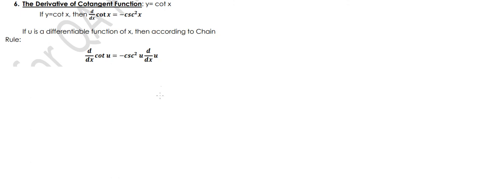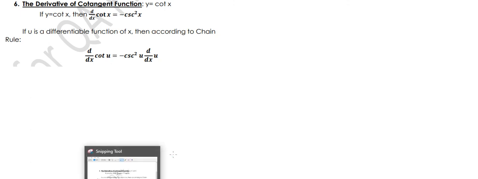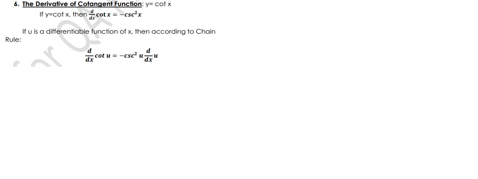So let's have an example for you to better understand this one. Again, let's identify our u. So as you can see here, we actually have two functions. We have the 4x squared and our cotangent x. So this is our u, and then this is our v, no?